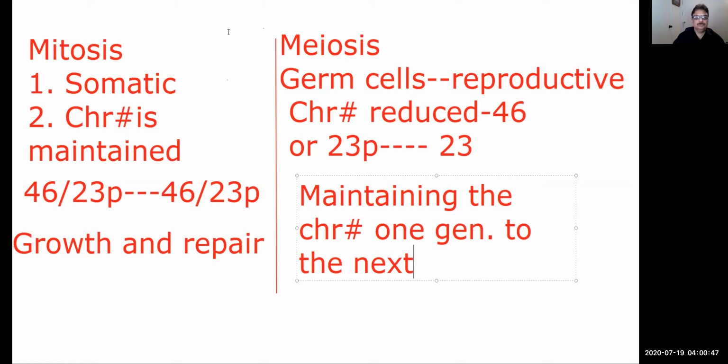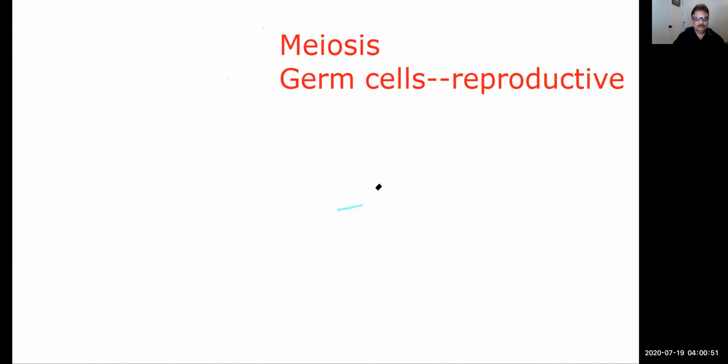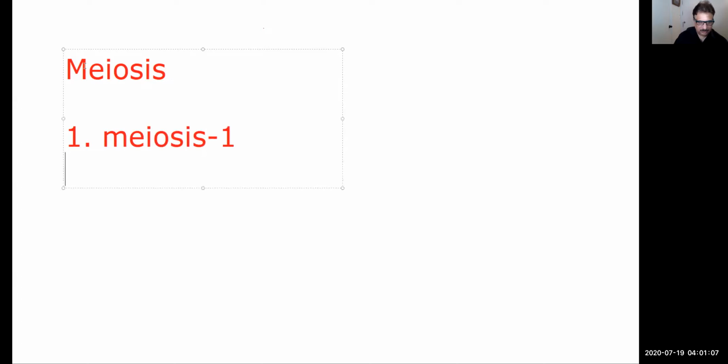So let's go a little bit into meiosis, which is responsible for reduction division. The first phase is called meiosis 1, and the second phase is called meiosis 2.